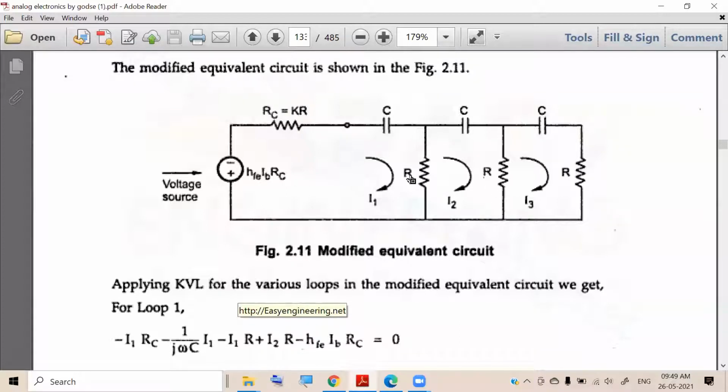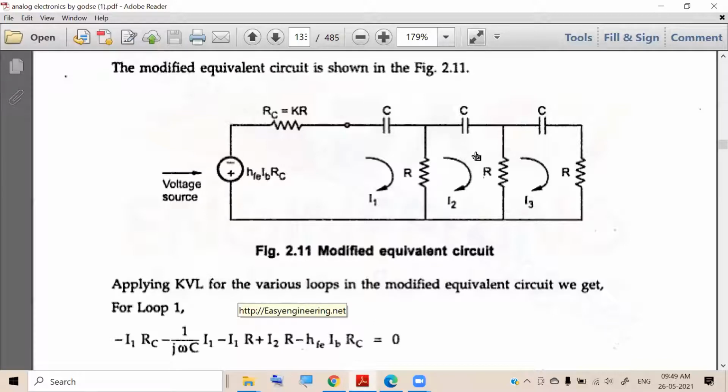Because the resistor R is common for both the first loop and the second loop, I1 and I2 both are flowing through R. But I1 is flowing in clockwise direction, so through R, I1 is flowing in downward direction.